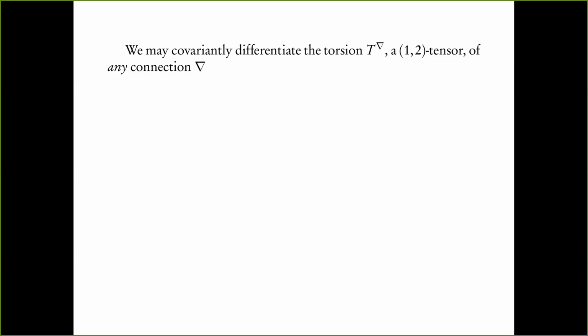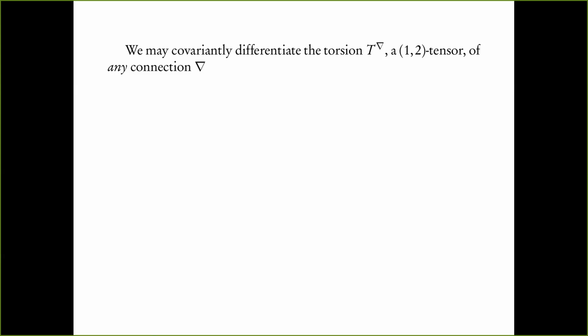So recall that the torsion is a tensor, and it's a 1-2 tensor. Why is it a 1-2 tensor? Well, what happens to a torsion? If you give me 2 vector fields, the torsion is another vector field, right?